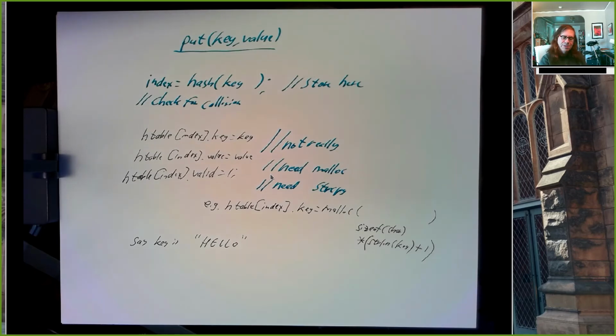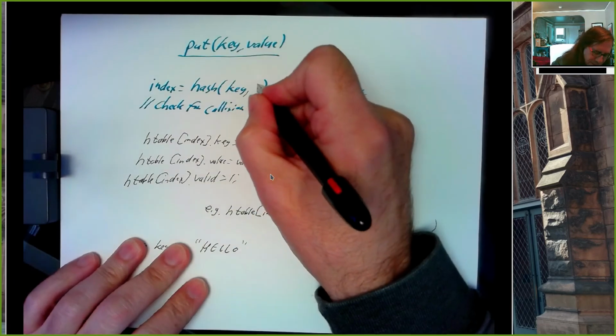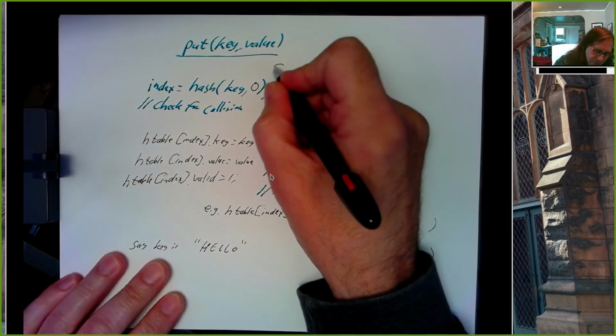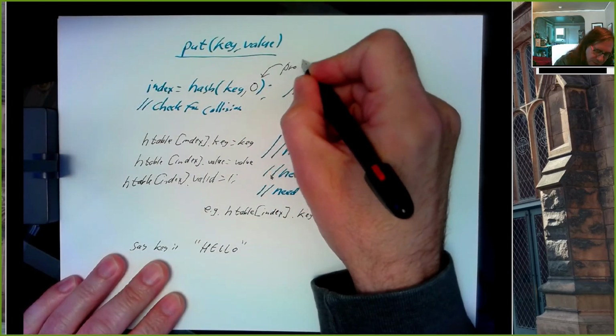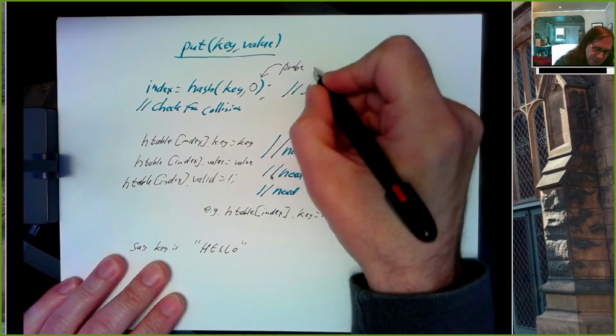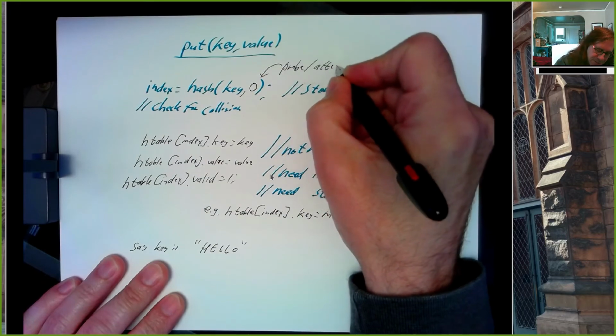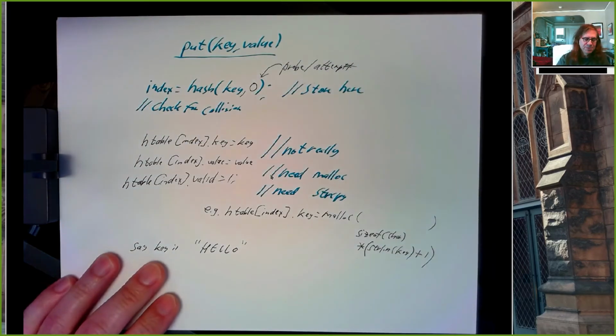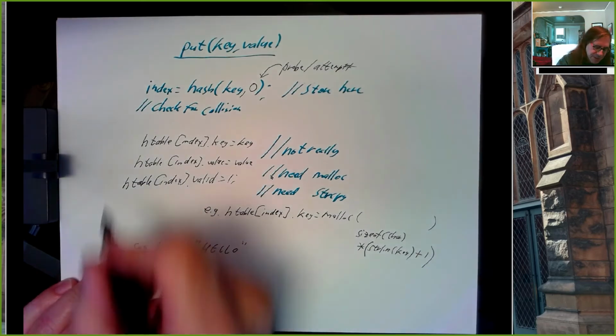Run through a different hash function and see if we can store it at that location. So let's make our hash function a little more complicated. Let's have it take a second argument, which we call the probe. This will be the attempt number. So our first hash, we hash with a probe of 0. Check for a collision.